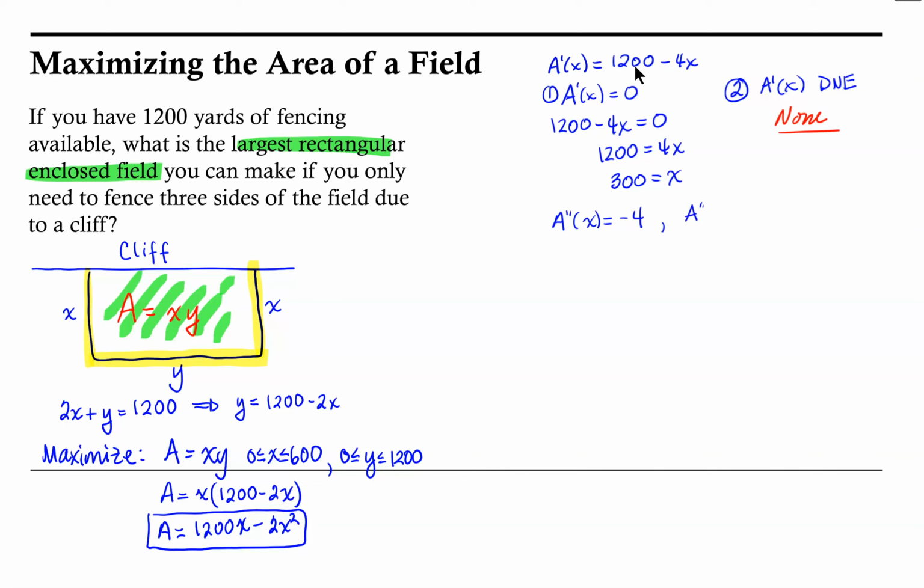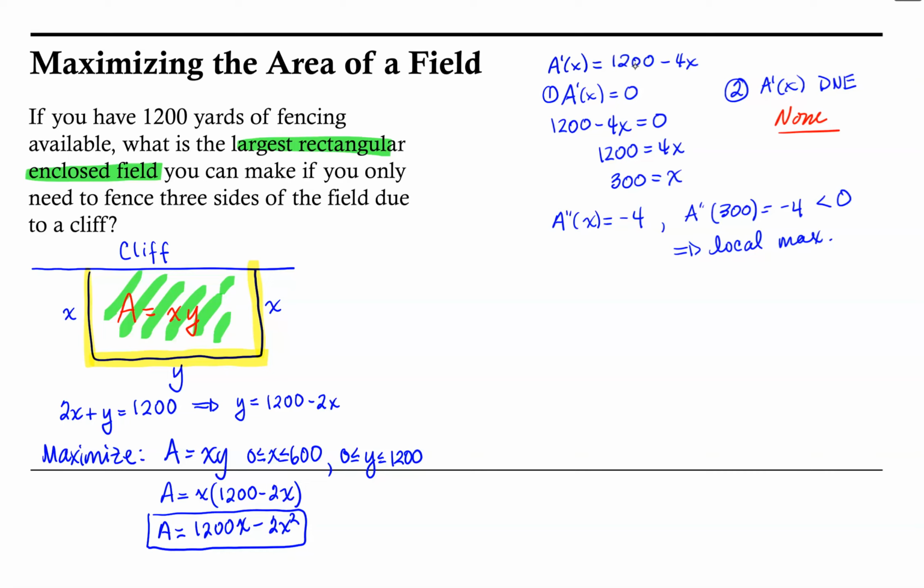And when I evaluate A double prime of x at 300, that is still equal to negative 4. So our second derivative is negative, which implies that we have a local or a relative maximum. In fact, it is the only local maximum for the function.